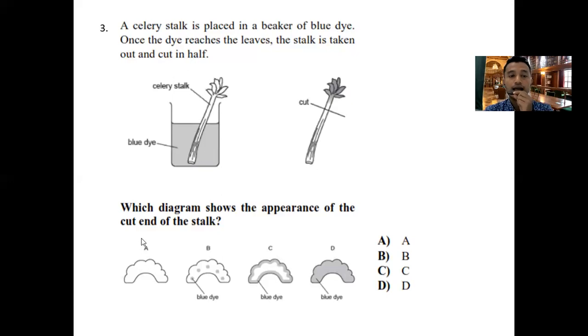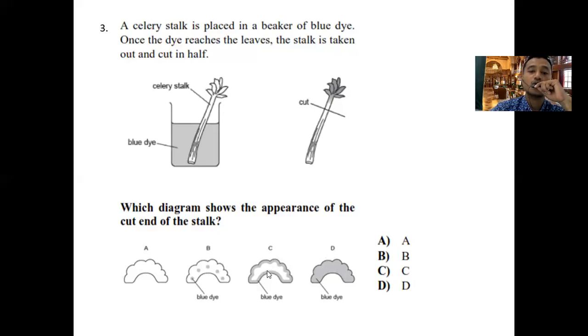Based on these structures, which diagram shows the appearance of the cut ends of the stalk? As you know, inside the trunk, these structures still contain the vessels. In diagram A, it doesn't represent any vessels. In B, there is a vessel here.